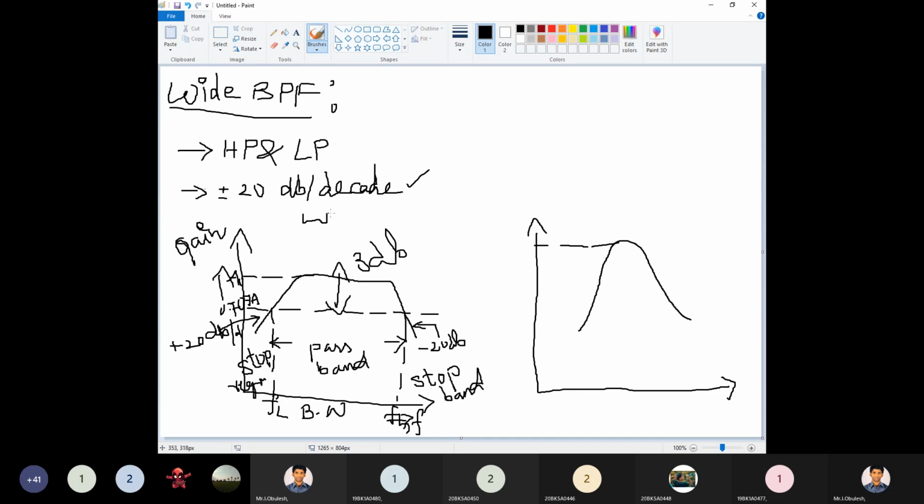This is for the wide band pass filter. This is for the narrow band pass filter.